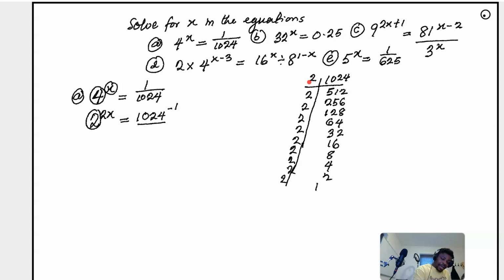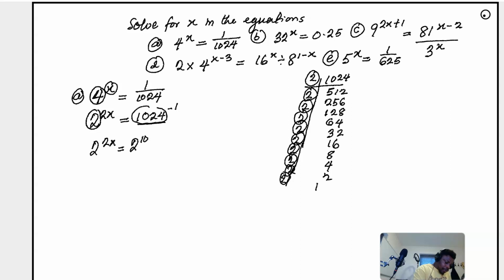So how many 2 can multiply itself to give us 1024? 1, 2, 3, 4, 5, 6, 7, 8, 9, 10. So 2 raised to power 2x is equal to 2 raised to power 10.